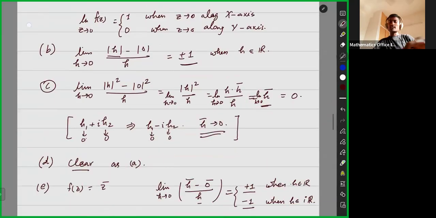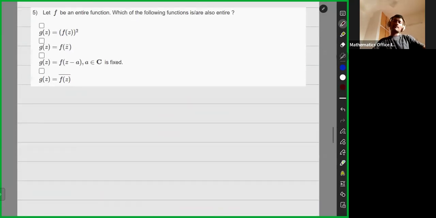Now we are going to the last question, and then we'll see if you have extra doubt. If class problems, you can ask. f is an entire function with the following. So what about z square? Z square is a polynomial.